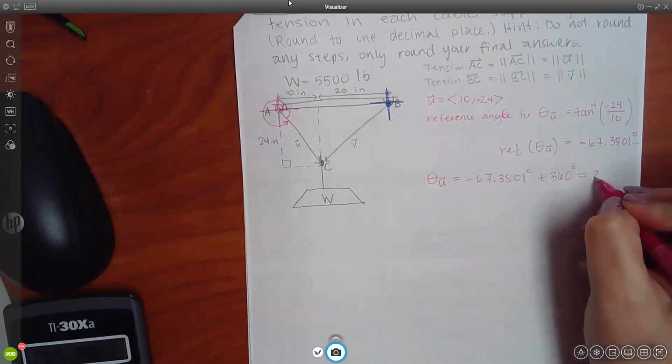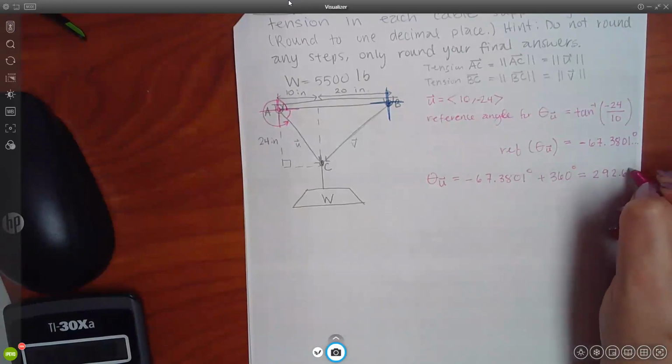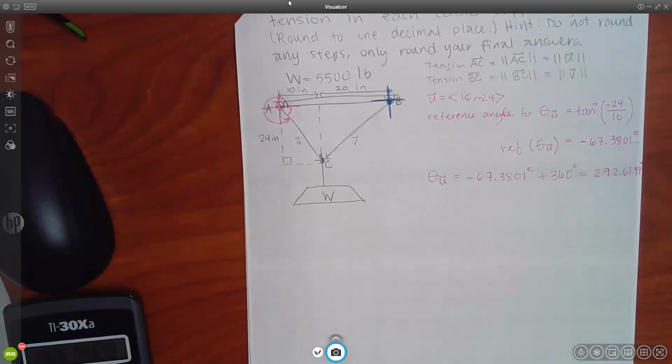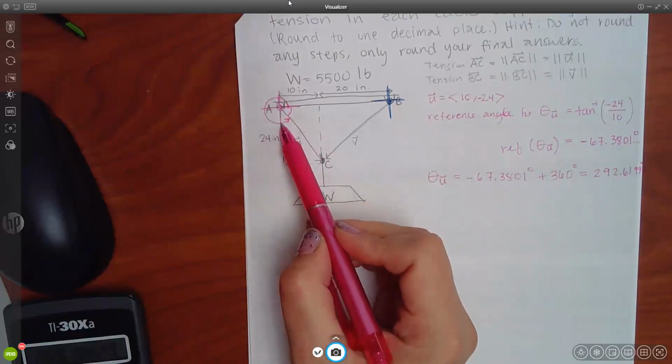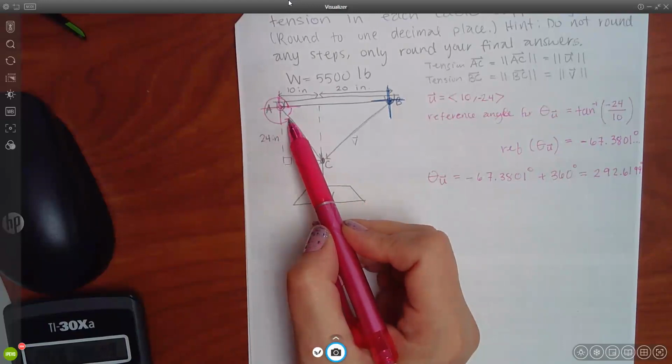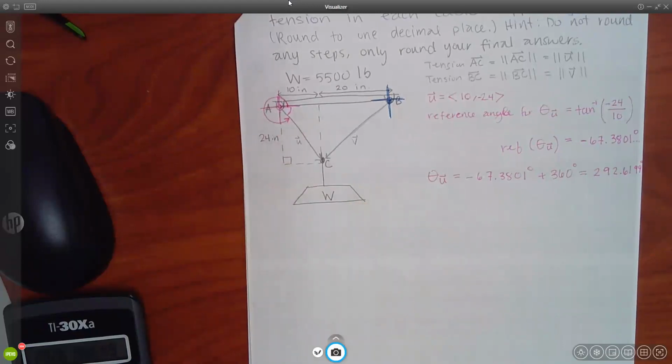When I do that, I get 292.6199 degrees. Now that makes sense, right? I'm past 180, I'm past 270, and I'm at 292 degrees about, right? That makes sense for the location of where this vector is, okay? So I have found that theta.